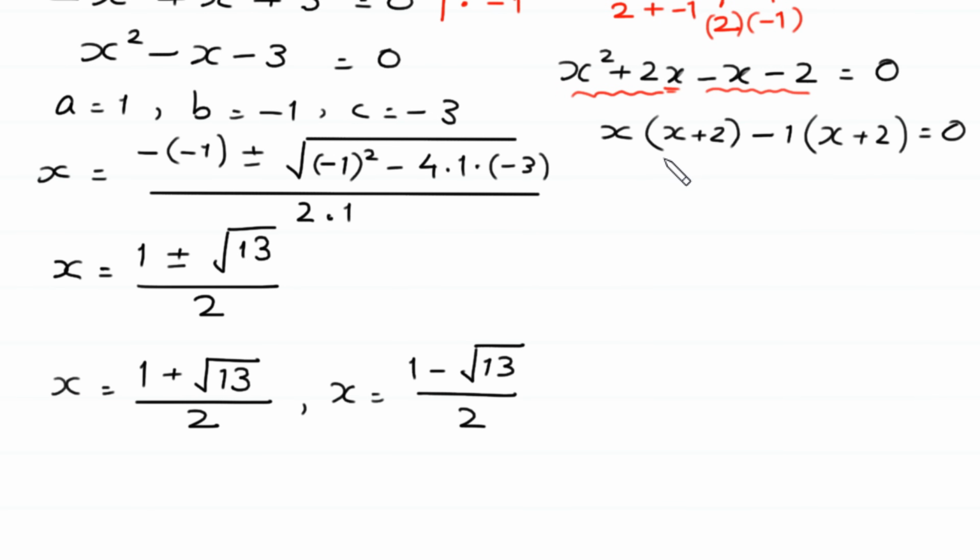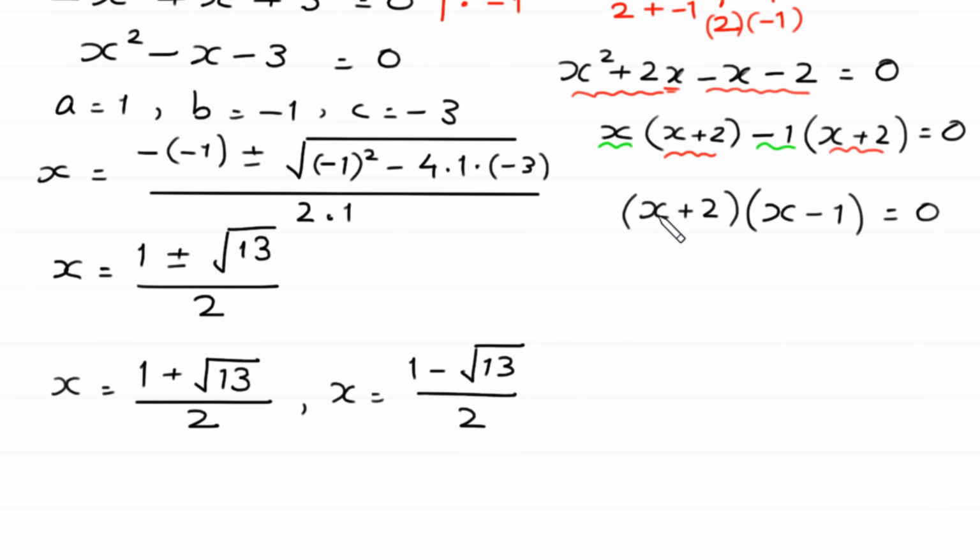Now as you can see, this factor x plus 2 is a common factor. So we factor out this x plus 2 times in bracket this x and this minus 1, x minus 1 is equal to 0.